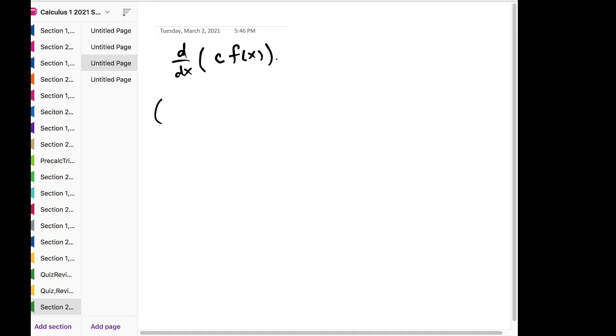If you have c times f of x, let's see what the derivative is at a. By the definition of the derivative, it's the limit as x approaches a of what? What do I put up in the numerator?